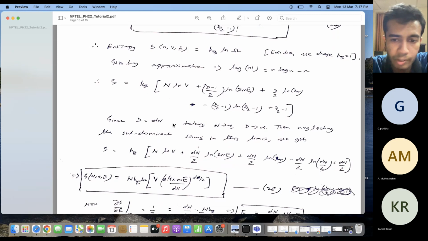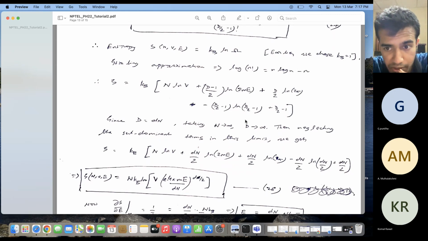Now, since I'm working in the thermodynamic limit, I take capital N going to infinity and also capital E going to infinity. So in this limit, my capital D, which is equal to small d into capital N, is also very large. So we neglect the terms which are not so large.